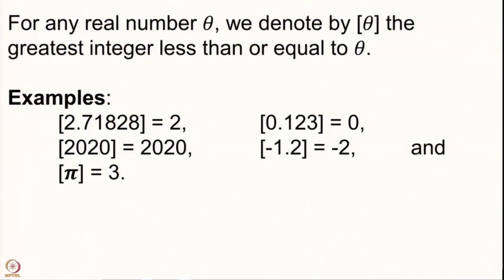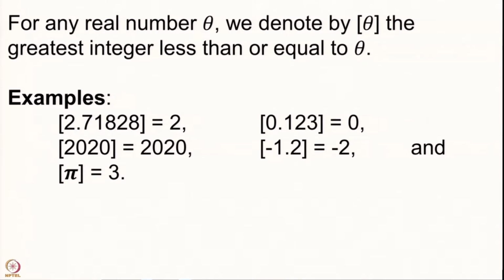So, it is on the left-hand side of minus 1, therefore, minus 1 is not less than that. The greatest integer less than or equal to minus 1.2 is minus 2. So, the floor function of minus 1.2 is minus 2, and finally, the floor function of pi is 3.